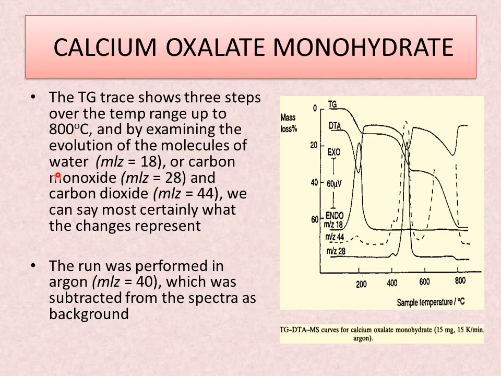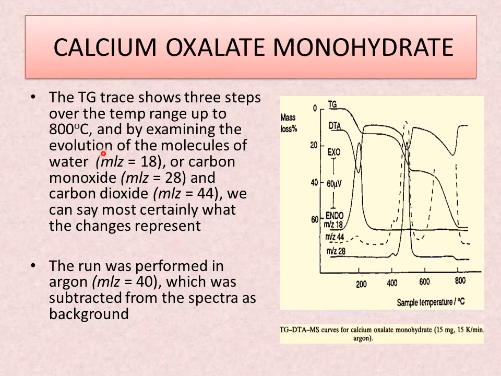There could be water vapor with mass to charge ratio 18, carbon monoxide with mass to charge ratio 28, and carbon dioxide with mass to charge ratio 44. So here we have 18, 44 and 28, and we can say most certainly what these changes represent.